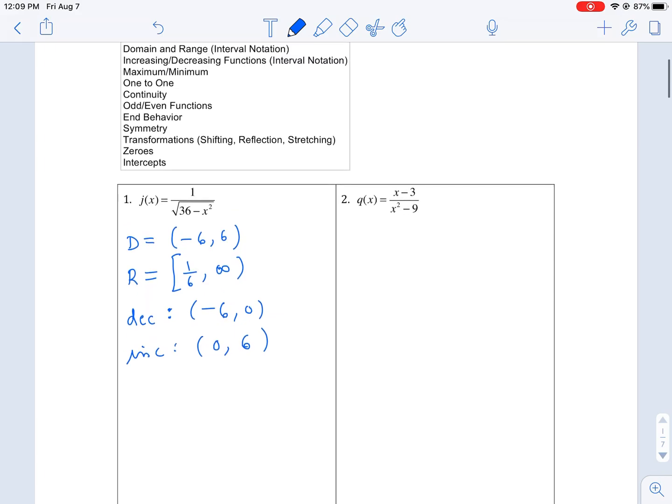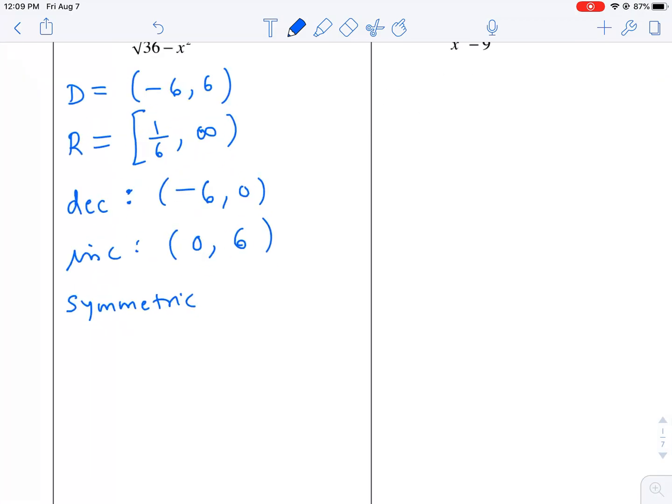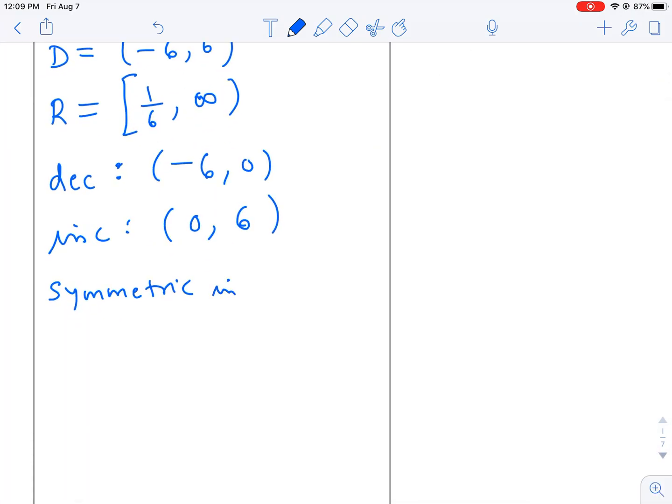What else can we talk about in this graph? Let's talk about the symmetry. It's symmetric in the y-axis, and that implies that you have an even function. Any graph that's symmetric in the y-axis is even. Is it a continuous function?